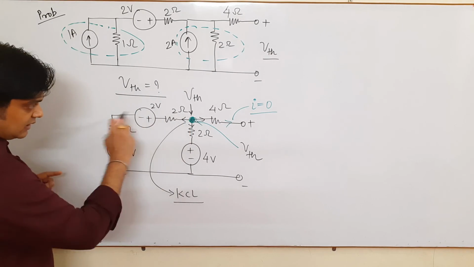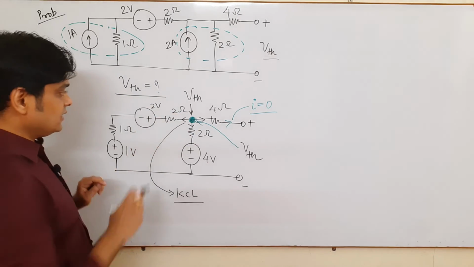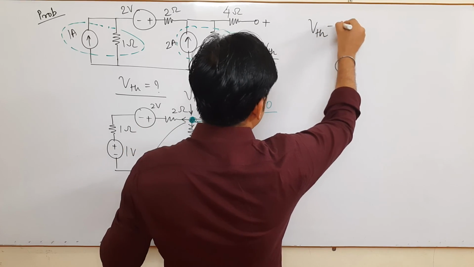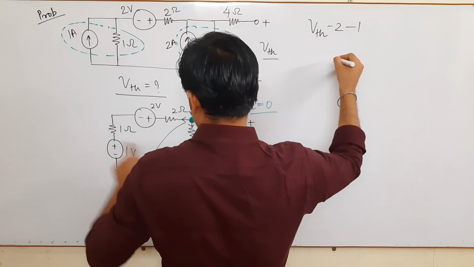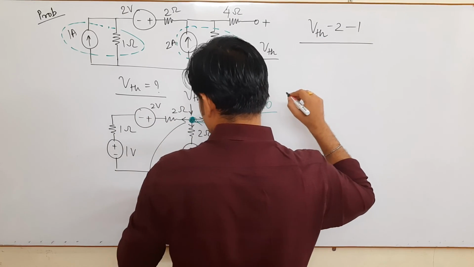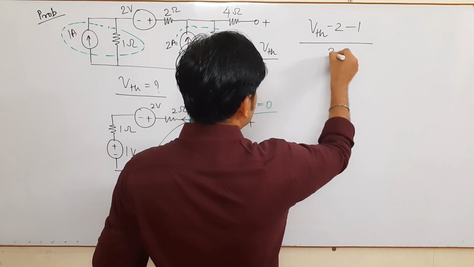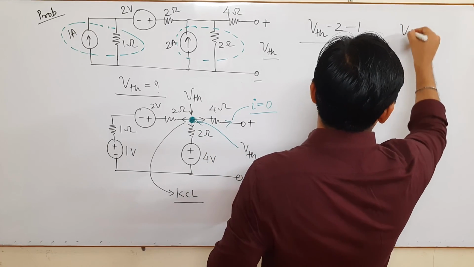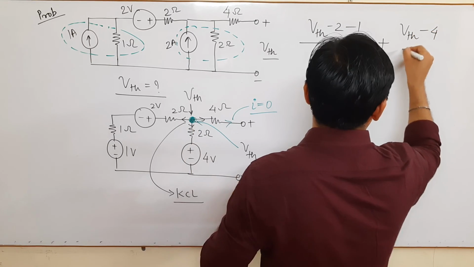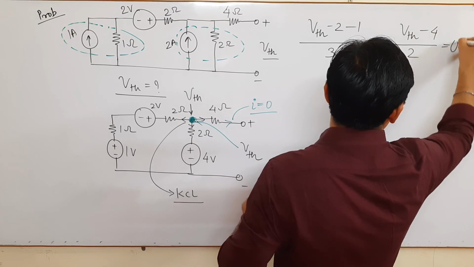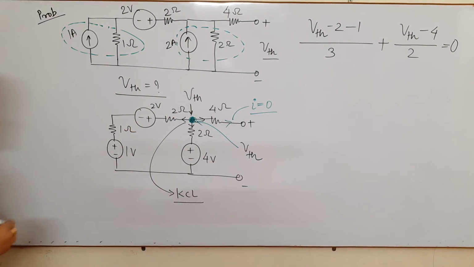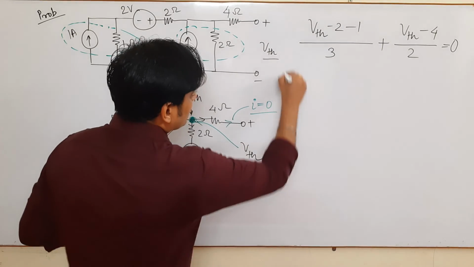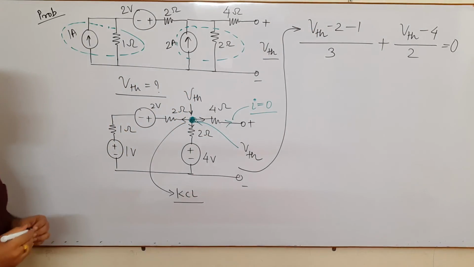Now you see I am applying here. The voltage at this node is VTH. So the nodal equation comes to be: (VTH minus 2 minus 1) upon, since there is no voltage source up to here, 2 plus 1 comes to be 3 ohm, plus (VTH minus 4) divided by 2, equal to 0.